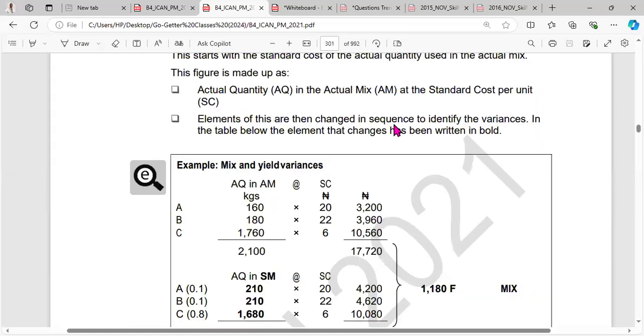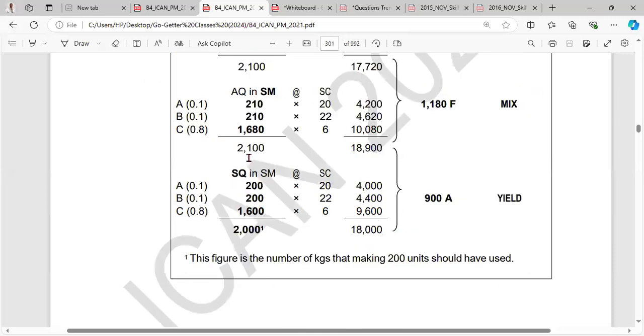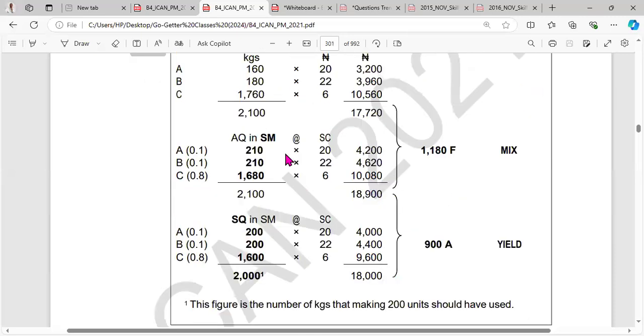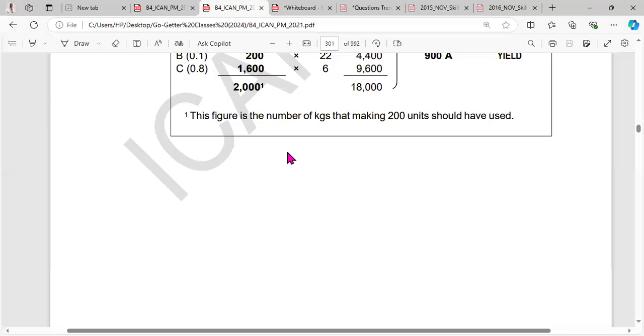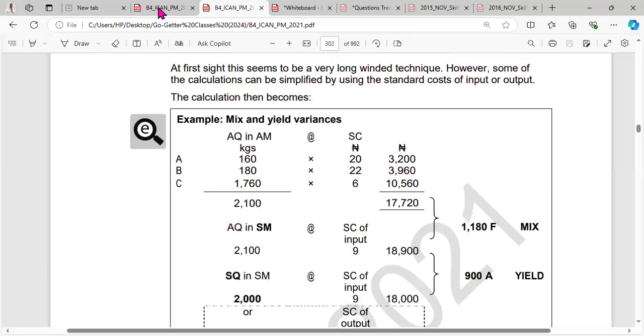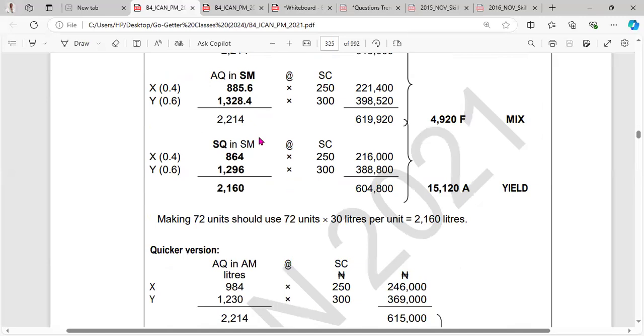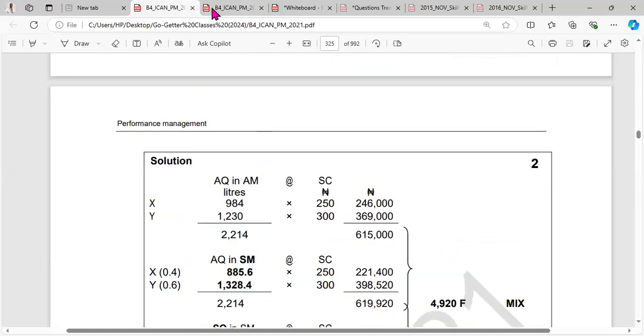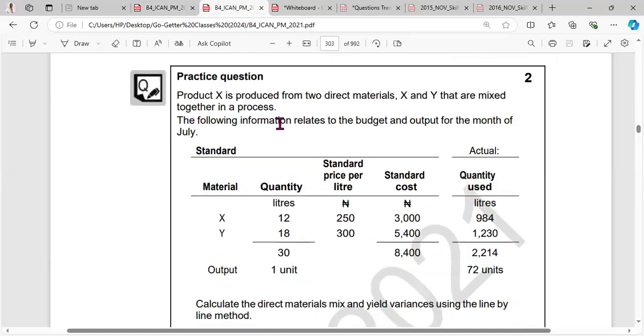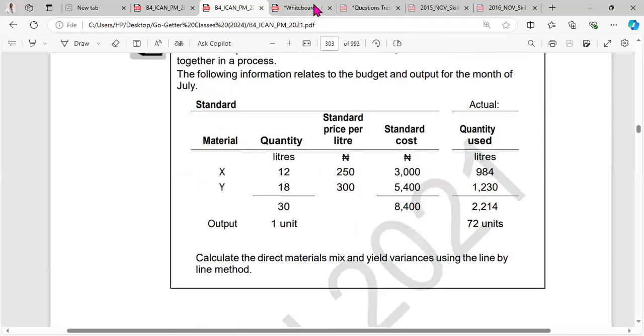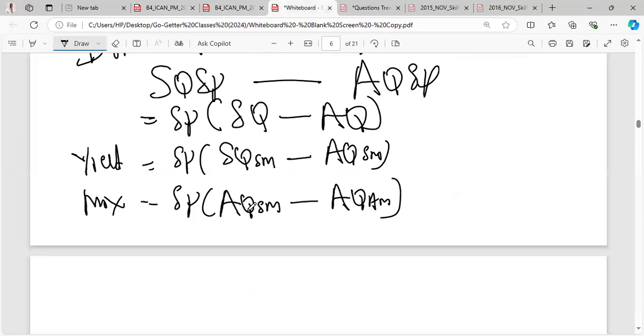Still the same thing here. Let me see what they mean by line method. Okay, so let's look at it here. Let's say practice question 2.